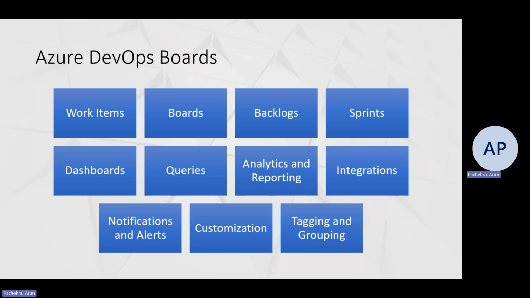Backlogs. Backlogs maintain a prioritized list of work items, helping with sprint planning and product backlog management. We can understand this with an example: a product owner maintains a product backlog in Azure Boards, regularly refining and prioritizing work items for future sprints.